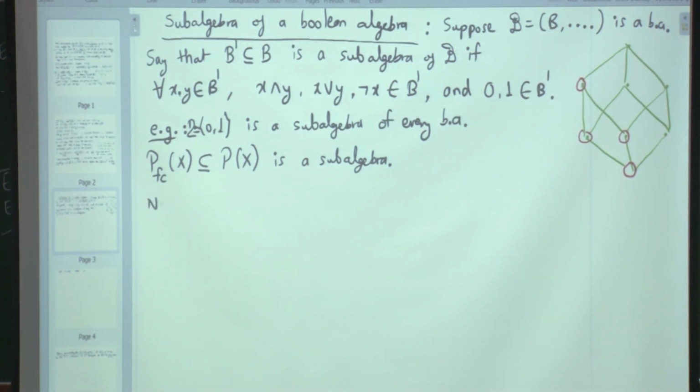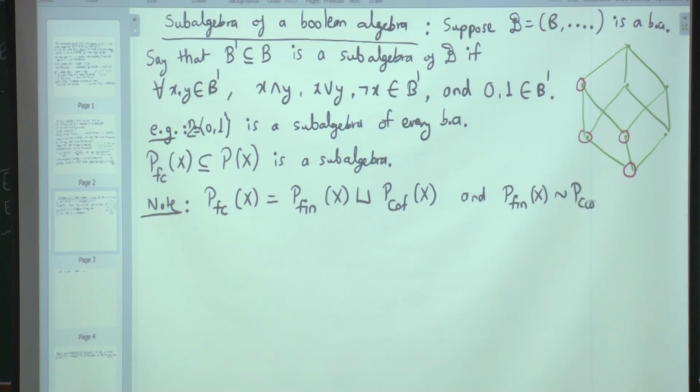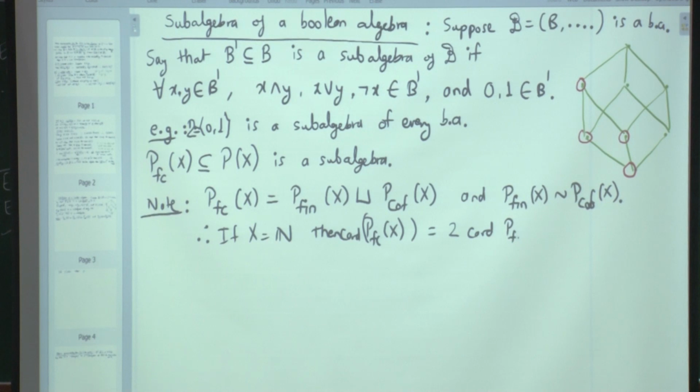So I am arguing, yeah, so note that PFC X is Pfin X disjoint union Pcof X, cofinite, and Pfin X is in bijection with Pcof X. So therefore, if X is infinite, then PFC X, its cardinality is 2 times cardinality of Pfin N. But what is the cardinality of Pfin N?